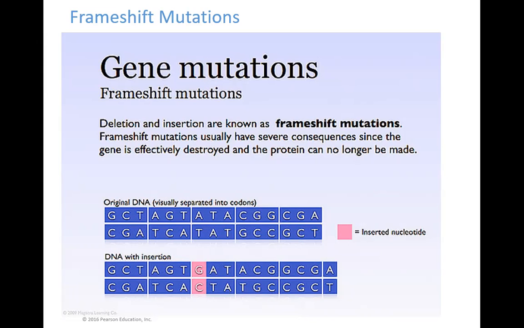And they're going to code for totally different bases, totally different amino acids. This destroys the gene. It isn't a little mistake like we have with hair color or eye color or skin color, where we're still going to produce the same protein, even though we got the wrong base in there. This is going to totally destroy the gene, and we're unable to make this protein anymore. And these frame shift mutations are very, very serious.